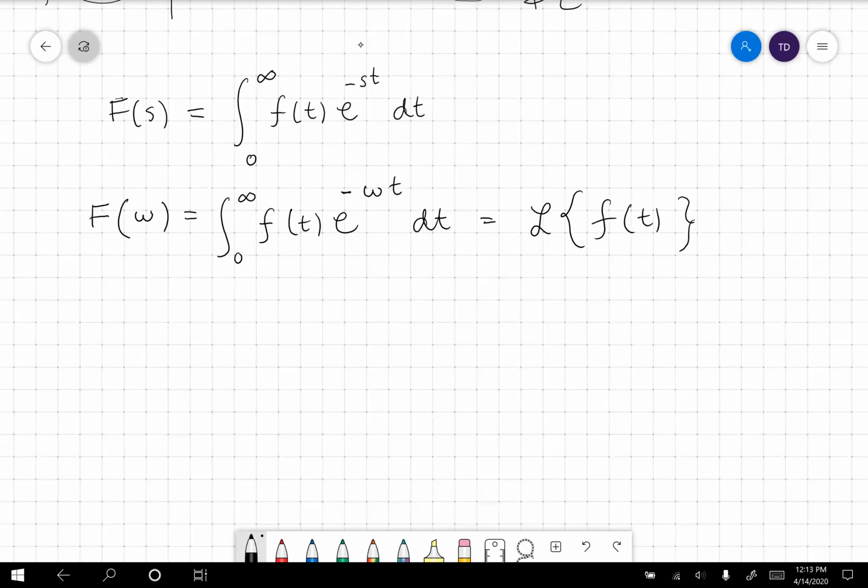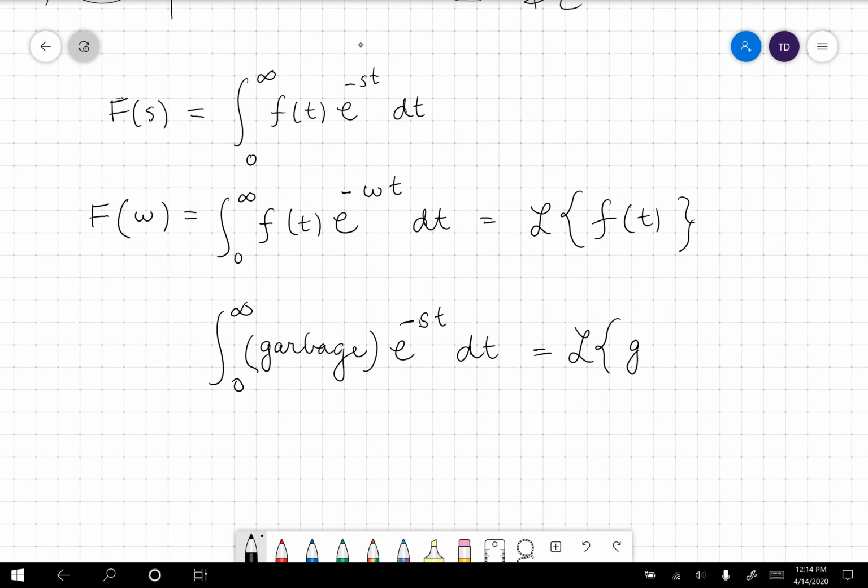So if I put the integral from 0 to infinity of garbage times e to the minus omega, I'm sorry, let's go back to what we have, e to the minus st dt, this is equal to the Laplace transform of garbage.